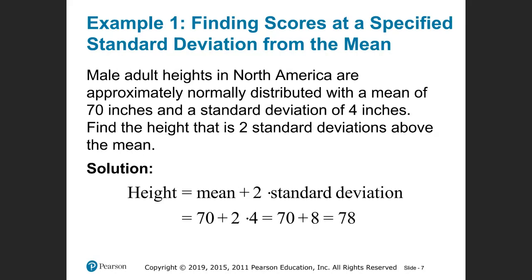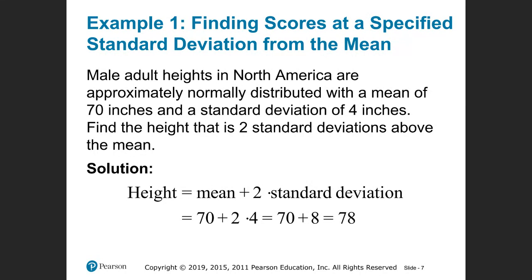Example 1, finding scores at a specified standard deviation from the mean. Male adult heights in North America are approximately normally distributed with a mean of 70 inches and a standard deviation of 4 inches. Find the height that is 2 standard deviations above the mean.